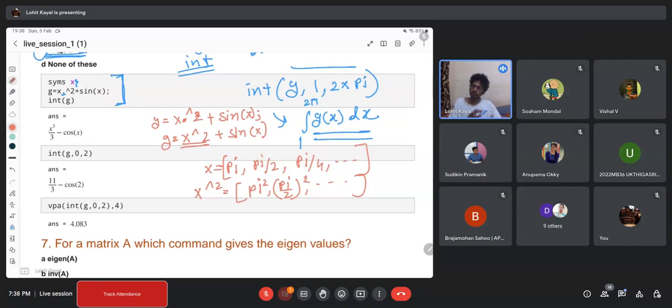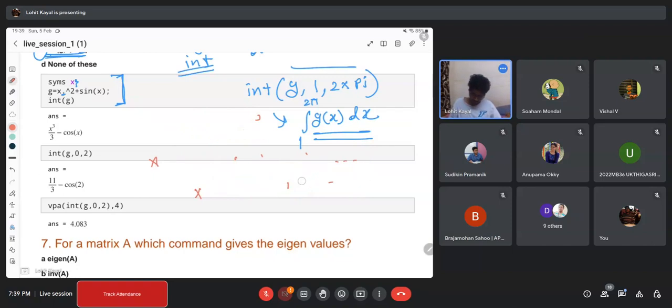If you don't write the dot, and x is a scalar or a single value, suppose x equal to pi, then it will work fine. There will be no problem. But if x has multiple values, suppose pi by 2, 5, 6, 7, 8, etc., then MATLAB will give you an error if you don't put a dot there. So just keep it in mind.